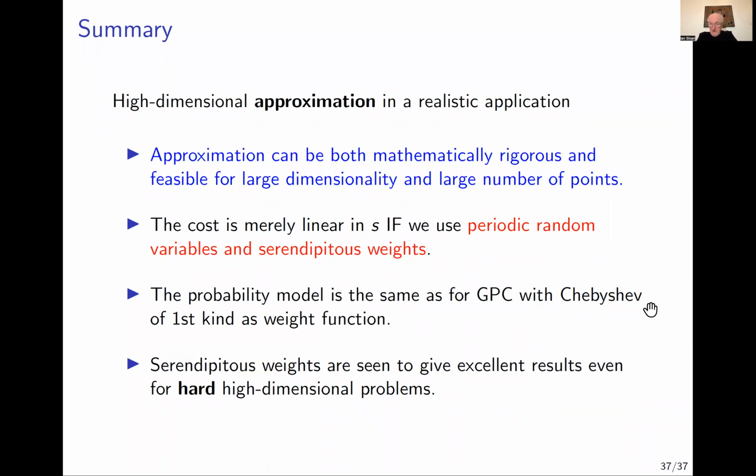One is the uniform, and this is the other one. And serendipitous weights just give excellent results, better than we know how, even for hard high-dimensional problems. This, of course, is connected with the fact that we have a rigorous result, but the bounds are much too big. The constants are much too big. So that you could say is a defect of the analysis.